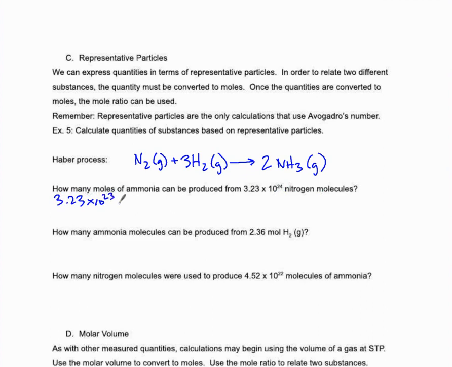So I'll start with my given number, given value, it's nitrogen molecules. And in order to relate 2 substances, we are converting to moles. So dividing by Avogadro's number, and that is 1 mole of nitrogen. Now that we are in moles, we can relate nitrogen and ammonia with the mole ratio.